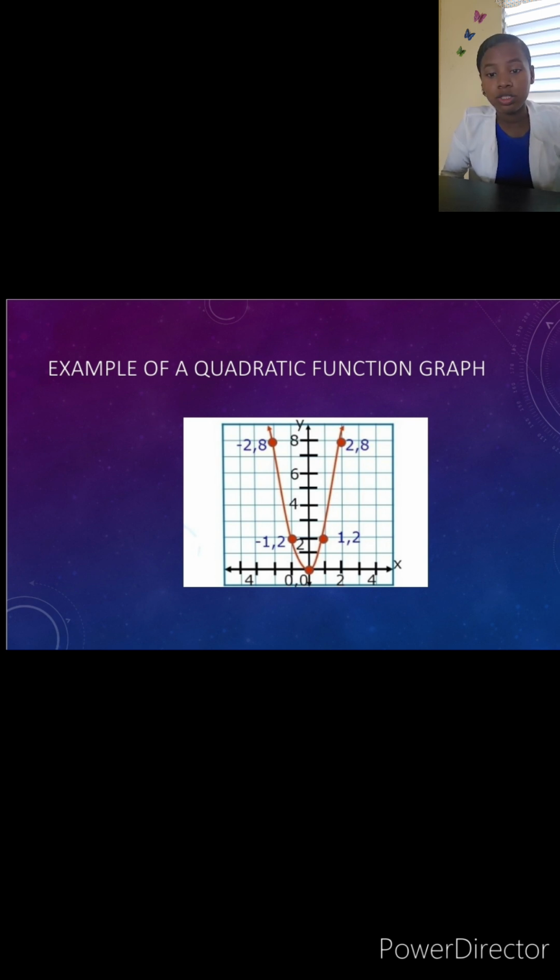A point to note is that if we change the values of a, b, or c, the shape or position of the graph changes. Let's say you have a graph with the shape of an N, if you change b, you might get, let's just use an example, a Z or so. So you cannot change the values of a, b, or c. What they give you, that is what you're going to work with.